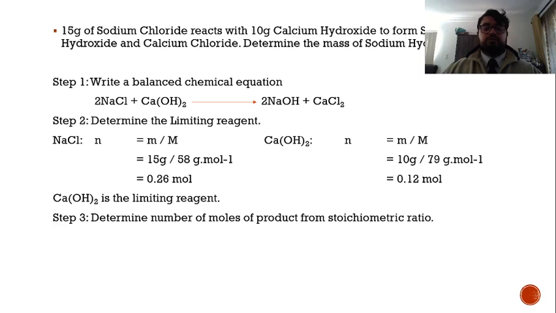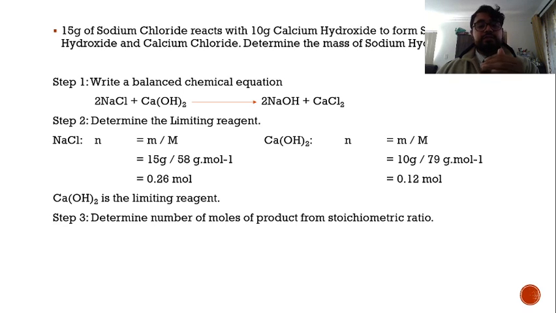In chemical reactions, 1 mole of reagent is used to form 1 mole of product. In all calculations with limiting reagents, when we cross over to the product side, we have to use the limiting reagent value. So we're going to use 0.12.